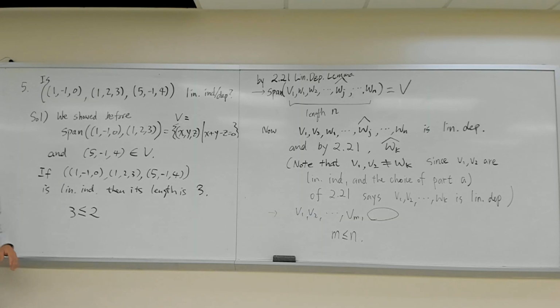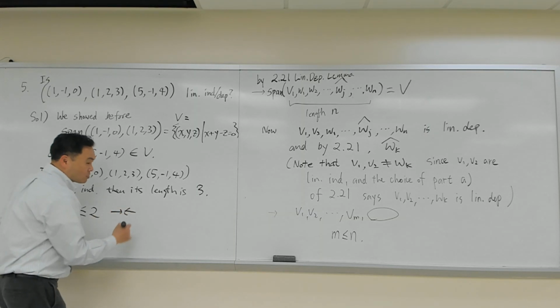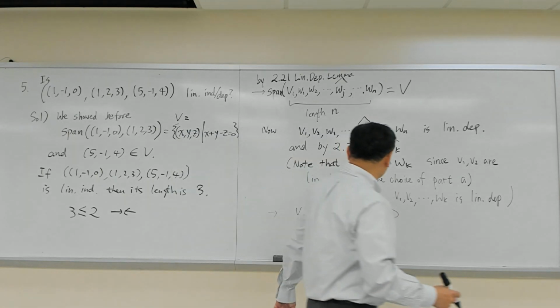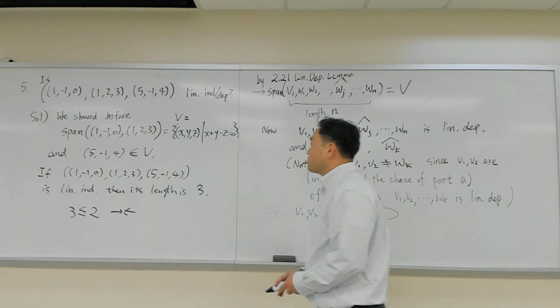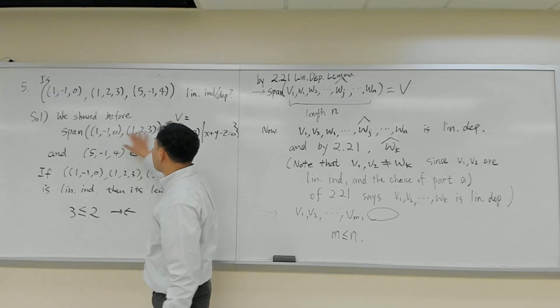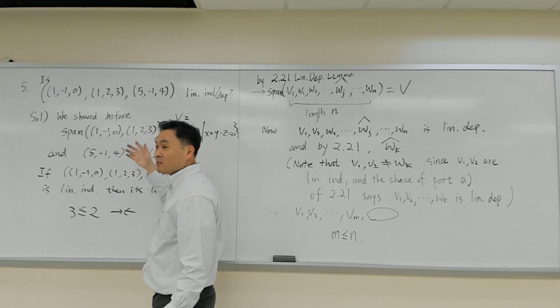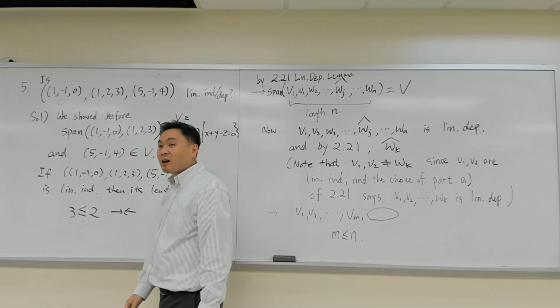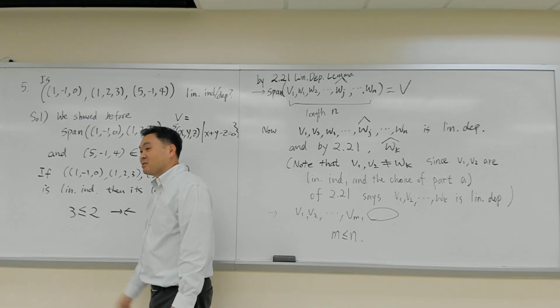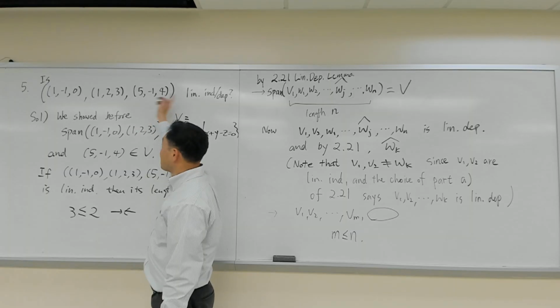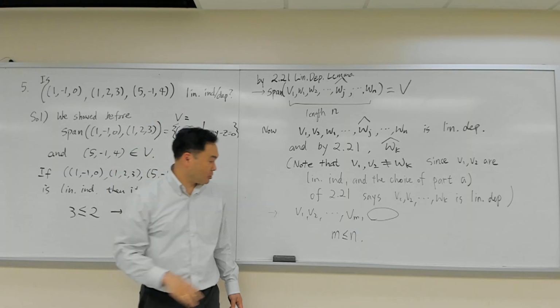That's a contradiction, right? So the moment you show that the span of this is equal to that, and showing that this is in V, then you can indirectly show that it can't happen. This must be linearly dependent.